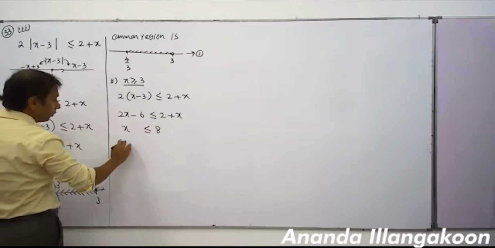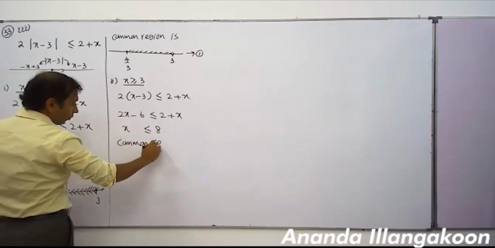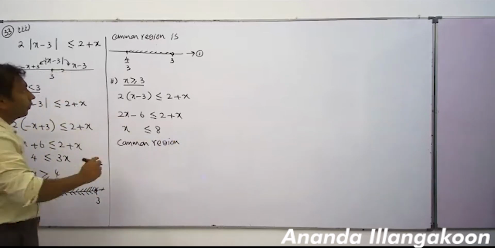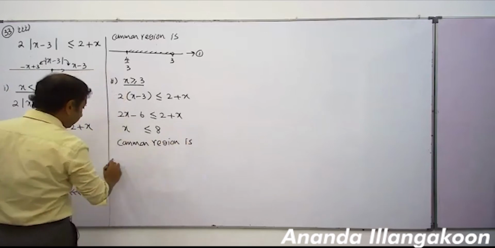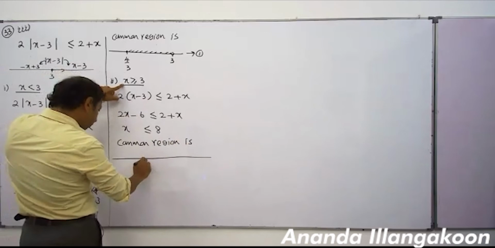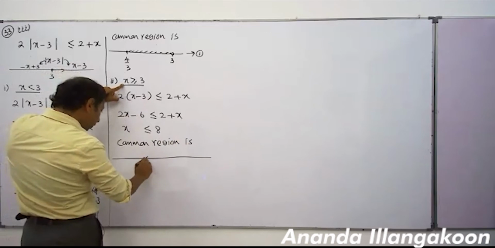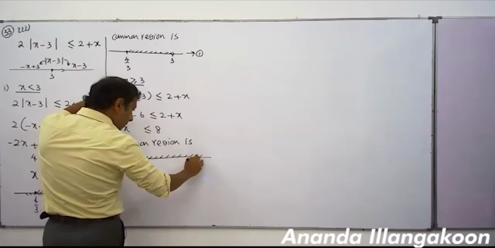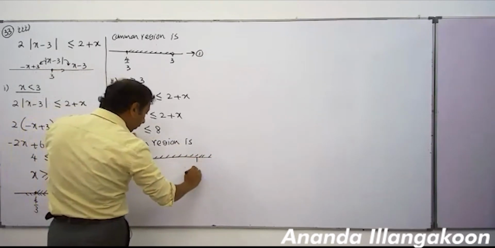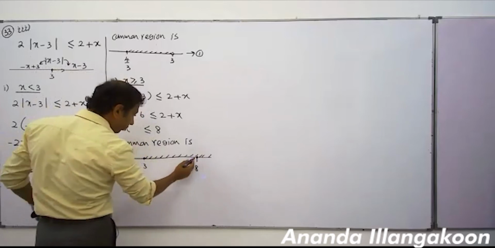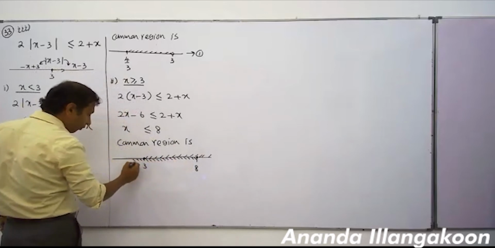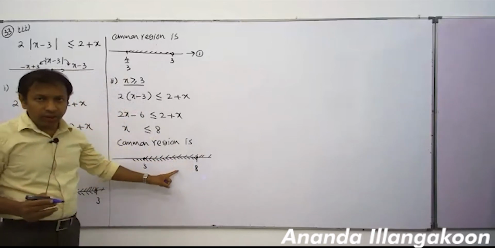Common region is x greater than or equal to 3, including 3 to the right, and x smaller than or equal to 8, 8 here. The common region is including 3, including 8, between them.